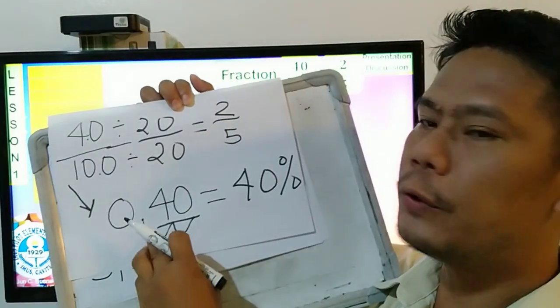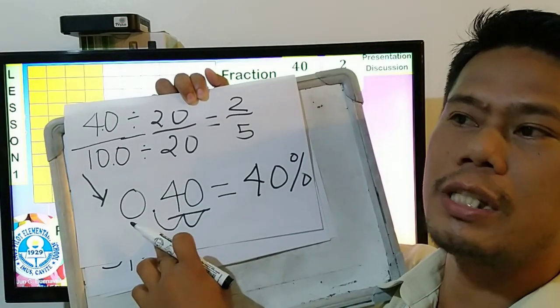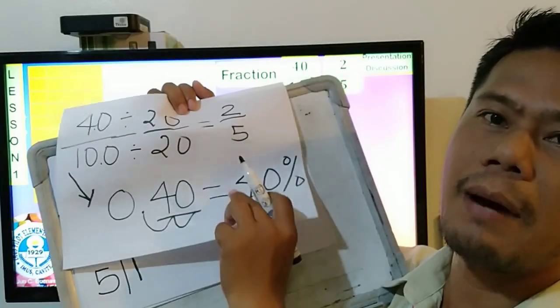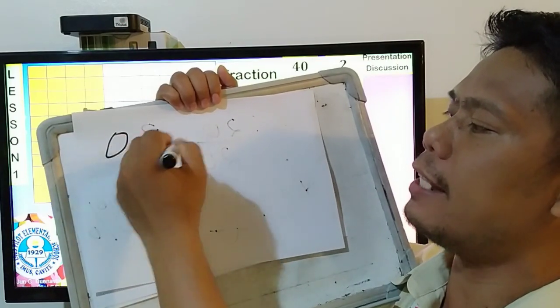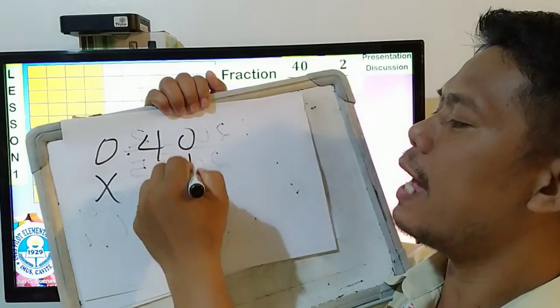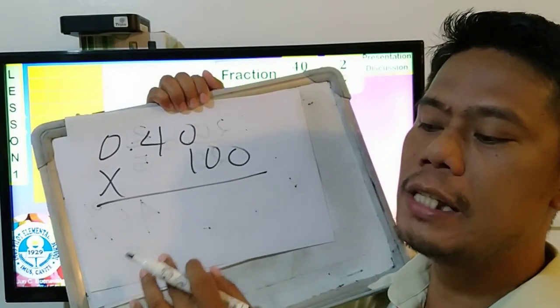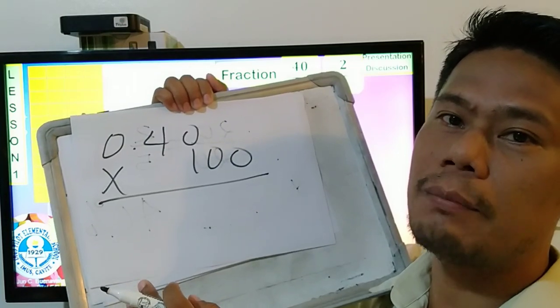Again, from 40 hundredths, we're going to change that to percent by moving the decimal point twice to the right, or simply by multiplying it by 100. Let's say for example, we have 40 hundredths times 100. Why 100? Because percent means per 100. So we're going to multiply it by 100.